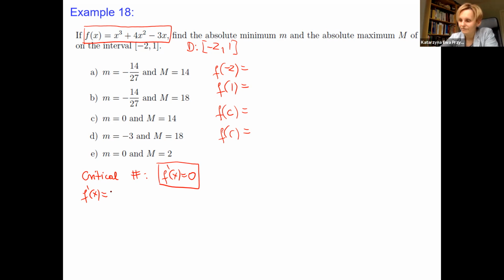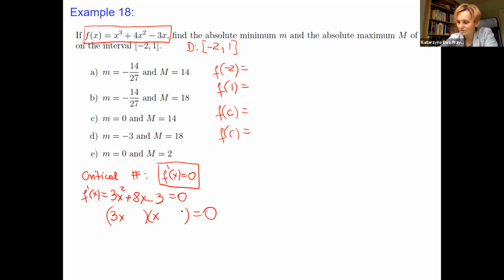The derivative is 3x squared plus 8x minus 3. A quadratic function. It would be nice to factor it, and hopefully we can, because we need this derivative to be 0.